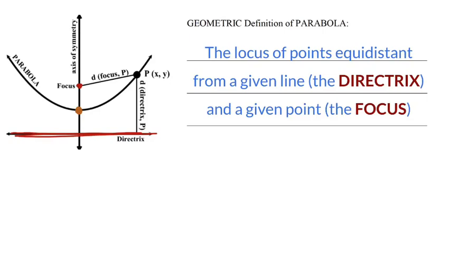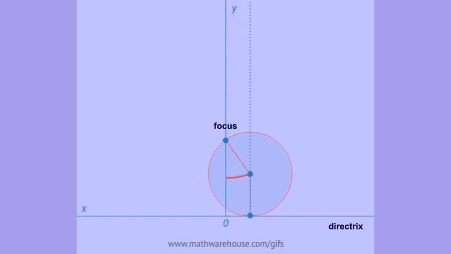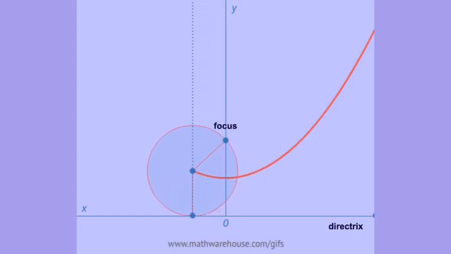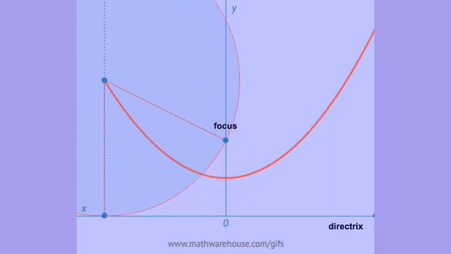Now, I've got a way to represent this with an animation. So let's take a look. It's a set of all points that are equidistant from the directrix and the focus. So it looks like this. Keep in mind, if we're equidistant from that focal point and the directrix, that's what those lines being drawn out to each point represent.